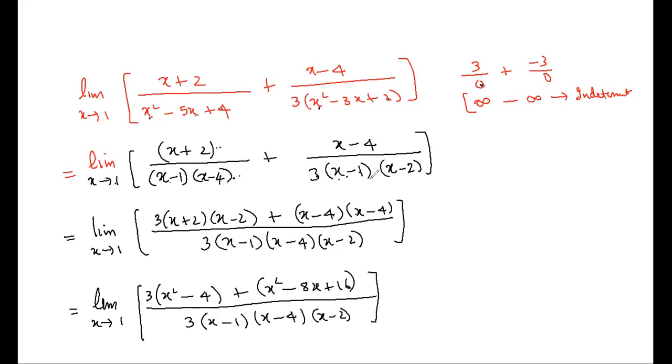Understood. Both have two different denominators. We have to make both the denominators same. So to make both the denominators same, all factors should be present in the denominator. Now, what is not present here should be multiplied with the numerator. Out of these 4 terms, which is not present here? 3 is not present. x minus 2 is not present.